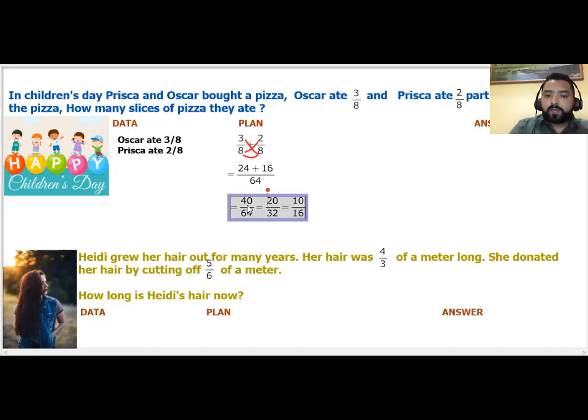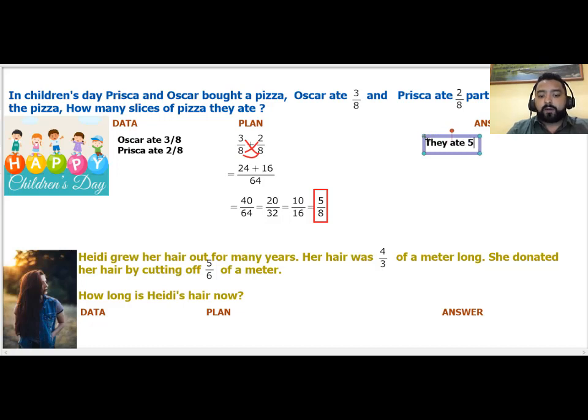Then if you continue simplifying, you're going to have 5 over 8, and with this one, you cannot continue simplifying. So this is our answer. Priska and Oscar ate 5 over 8 of the pizza. Okay? And we already finished with this one.